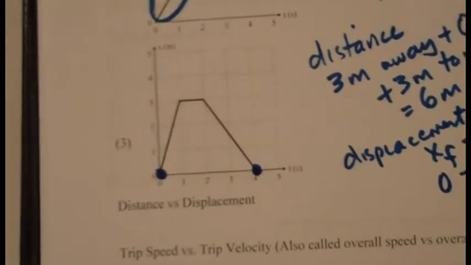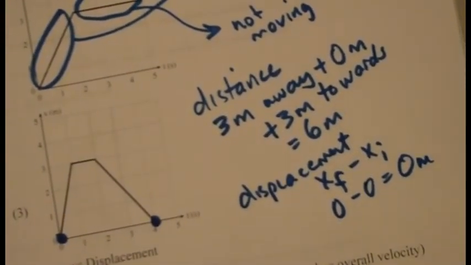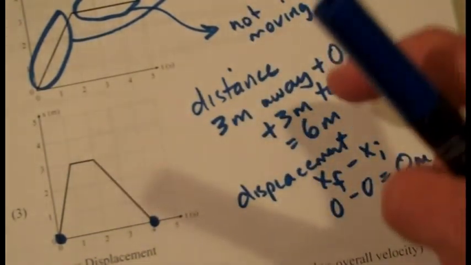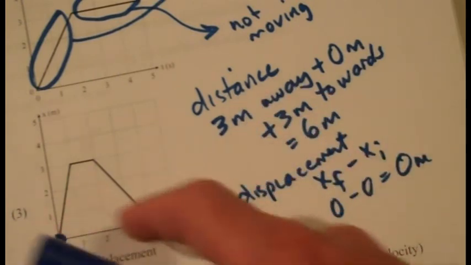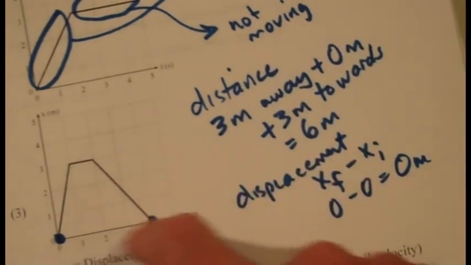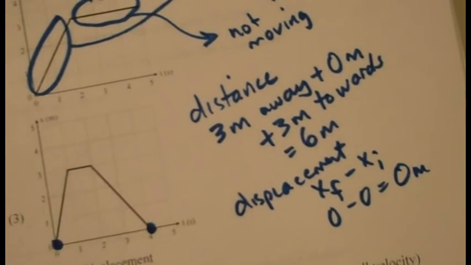We have to be really careful with these two words. We might say, how far did the object move? 6 meters. How far did the object move relative to the reference point? 0 meters. So how far did the object move? That's distance. How far did the object move relative to where it started? 0 meters. That's displacement. That can be confusing, so you need to be careful there.